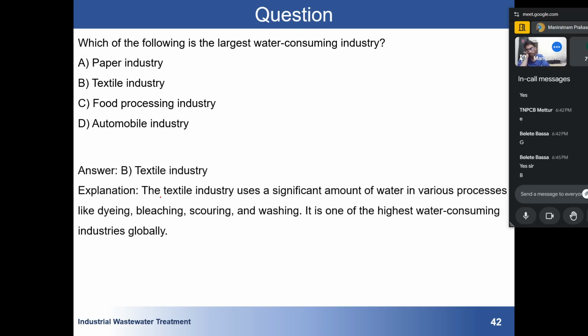Yes. The textile industry uses a significant amount of water in various processes like dyeing, bleaching, scouring, and washing. It is one of the highest water consuming industries globally. So in the case of the textile industry, a huge amount of water is used at each and every stage. That's why a huge amount of wastewater is also produced from the textile industry. Anyone have any doubt?